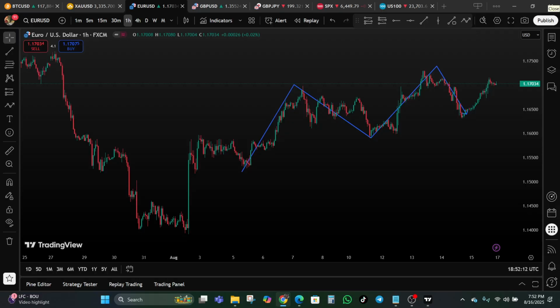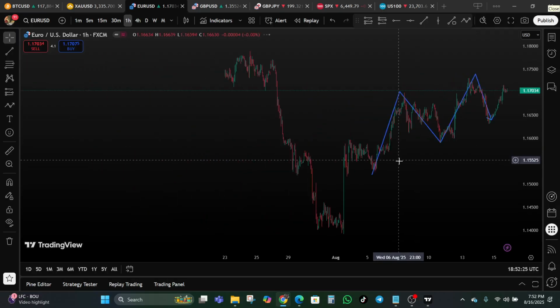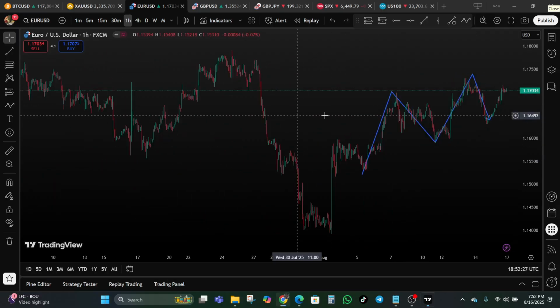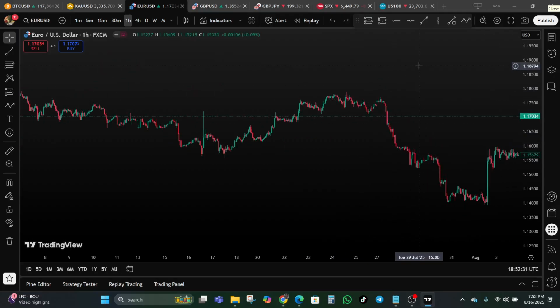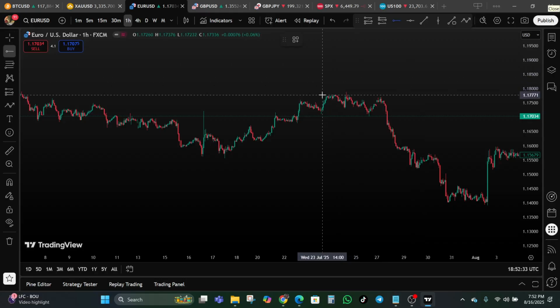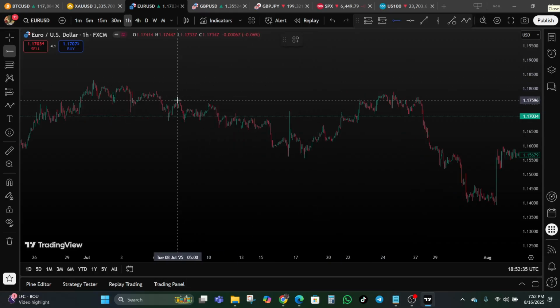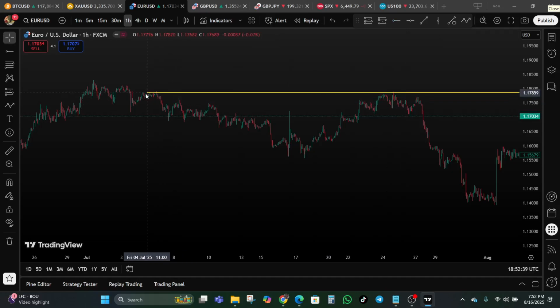So the next thing is liquidity. Every day the market hunts liquidity. All right. That means stop losses above highs or below lows. Remember that if you want to sell around the resistance zone, you would likely set your stop loss some pips above that resistance.